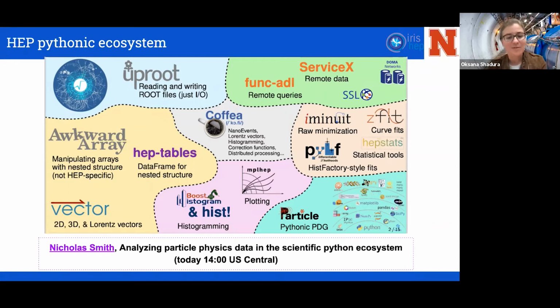But I would like to invite you to listen later today to the talk of Nicholas Smith, one of the main developers of the Coffea framework, which you see in the center. He investigated how to add a Dask executor there for distributed processing.